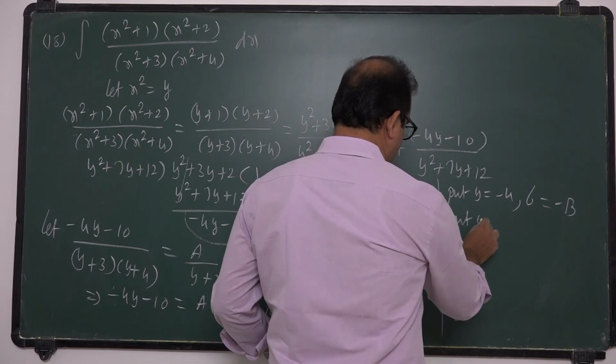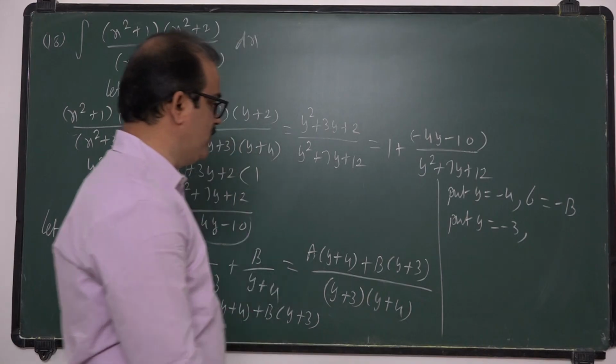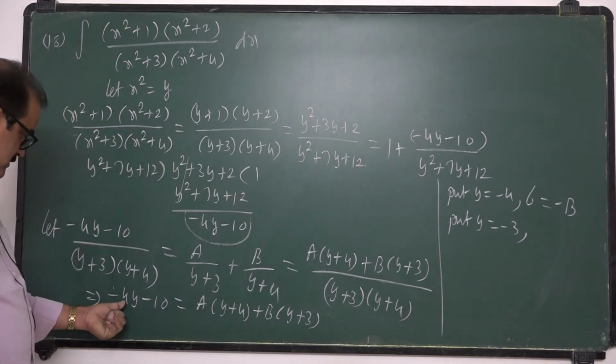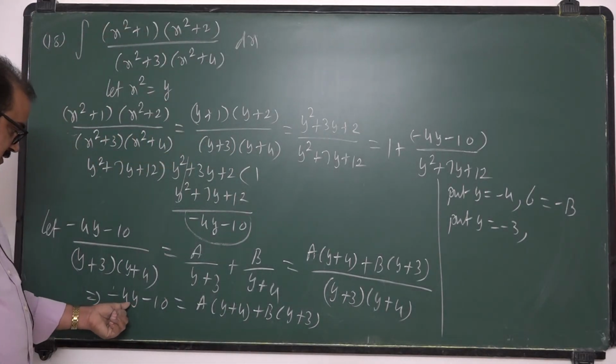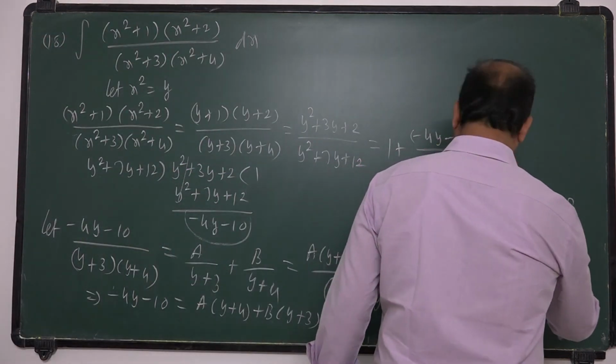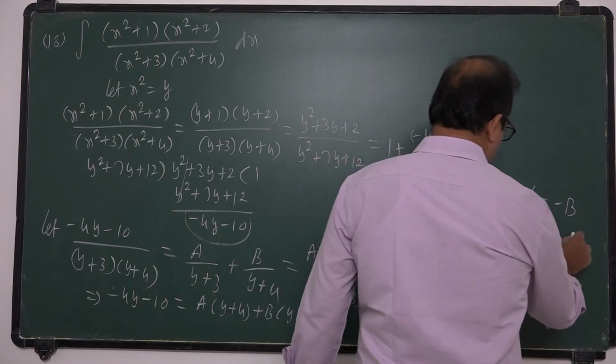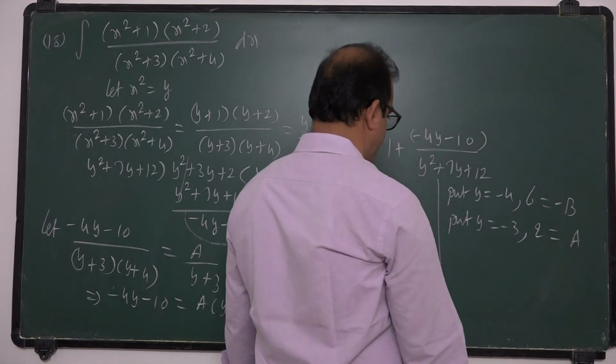Next, you put y is equal to minus 3. If you put y is equal to minus 3, this becomes minus 4 into minus 3, 12. 12 minus 10, 2 is equal to minus 3 plus 4, 1. a is equal to 2.